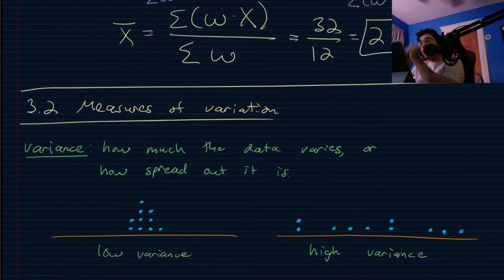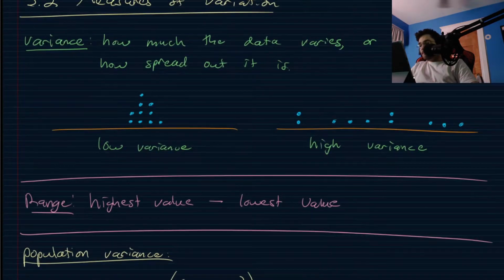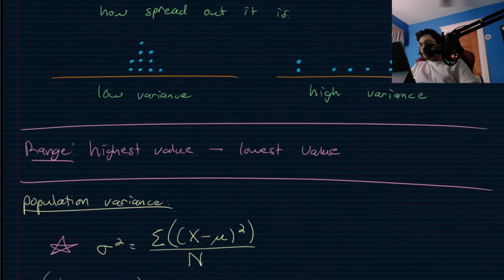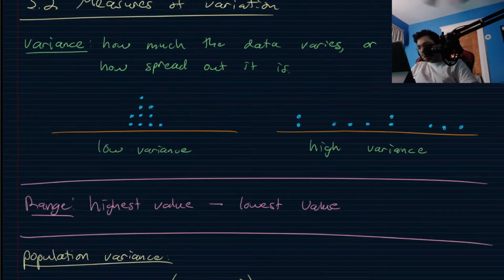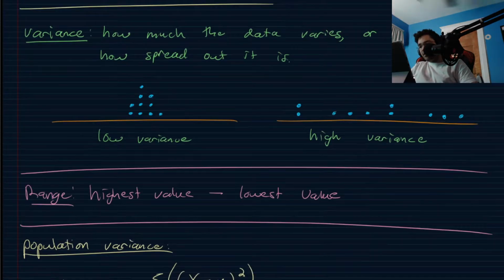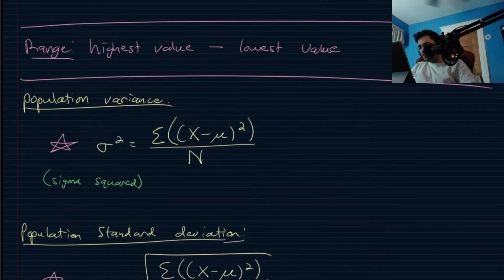How clumped or how spread out it is is what variance is trying to figure out. I think I meant to put range in the last section. That's not a measure of variation, actually, so that's in the wrong section, I think.